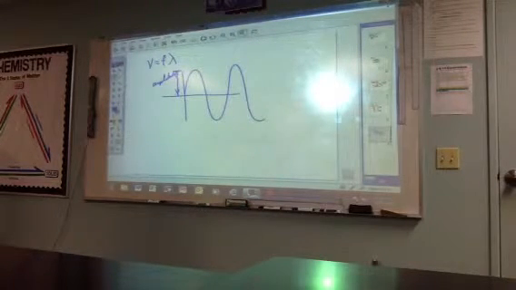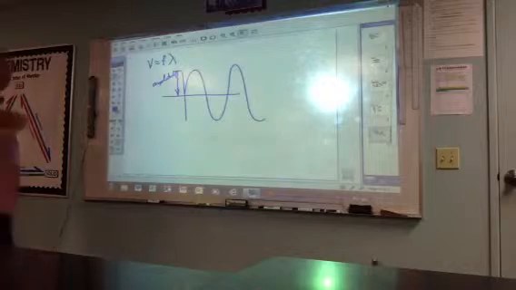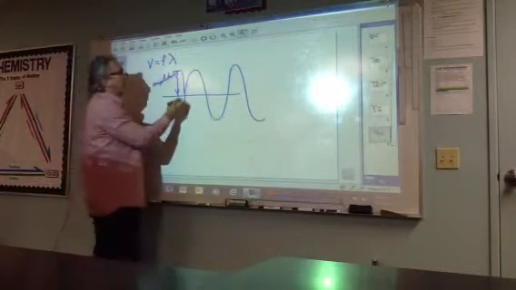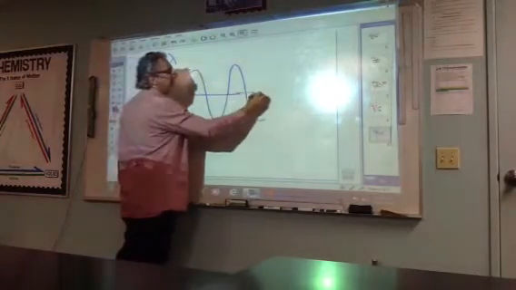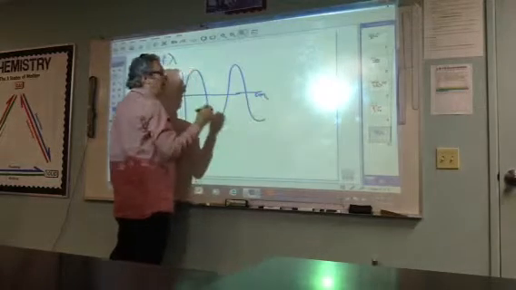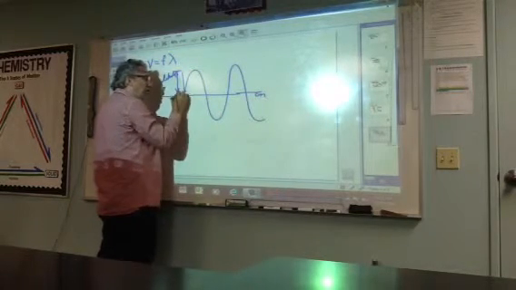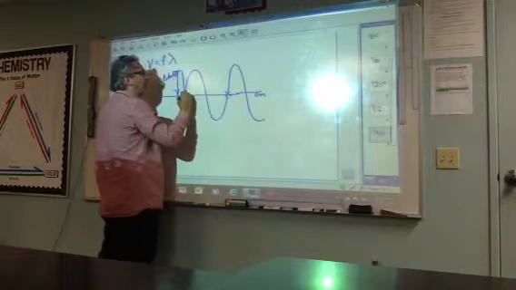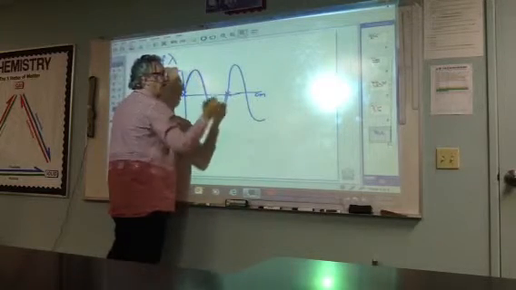The next thing you would want to be able to look at on this graph and figure out is the wavelength, because this axis is going to be in centimeters maybe, and then the wave goes from here to another repeated spot. See how this is one cycle.